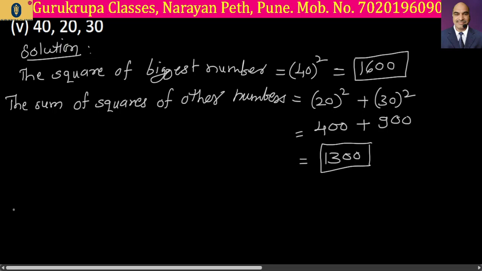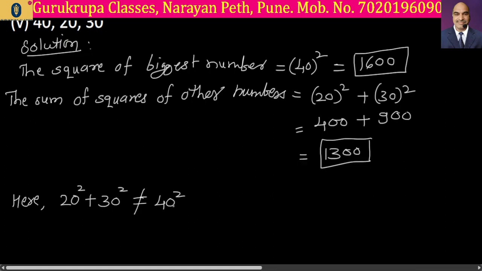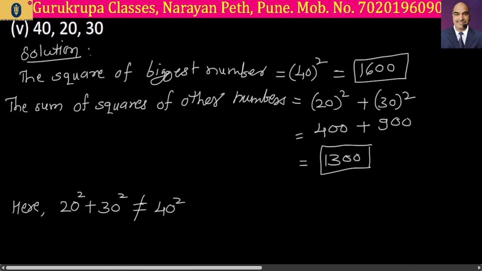So what is our observation here? The two smaller numbers' squares sum is not equal to the square of the biggest number, that is 40 square. Therefore, this is not a Pythagorean triplet.